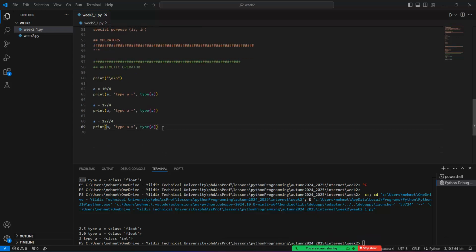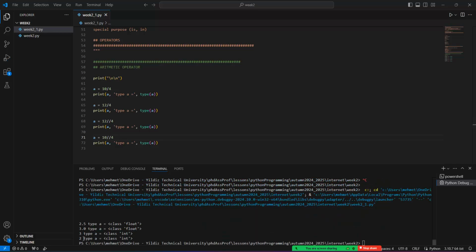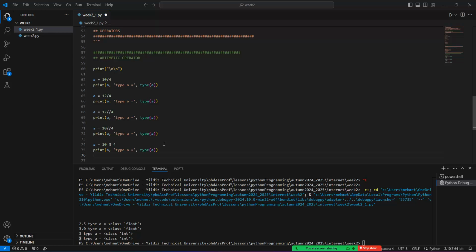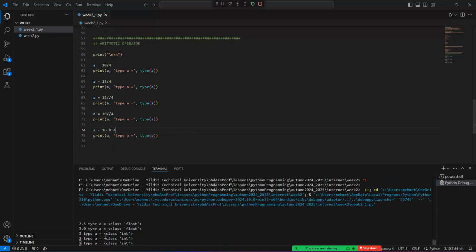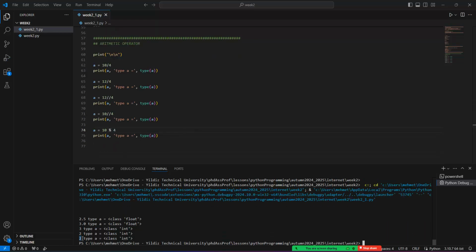Also we can write 10 divided by 4 with the double slash, and the value is equal to 2, because the rest of the floating point is removed. Also we can write 10 percent 4, which means if I run this code, we will have the value 2.